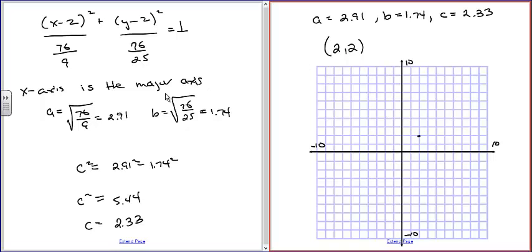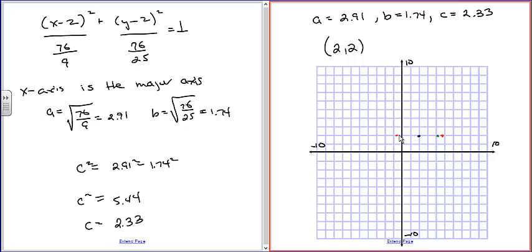The x-axis is the major axis, so A is 2.91. So we go 1, 2.9, and the other way 2.9. So those are the vertices. For the foci, you go 2.33, so you go 1, 2. It's close to the end.